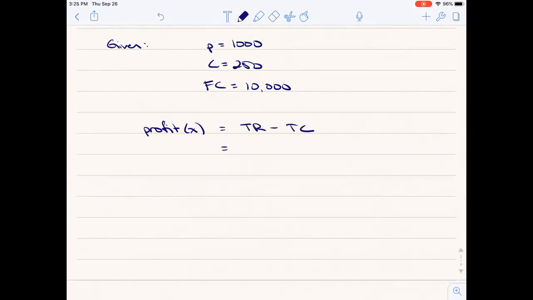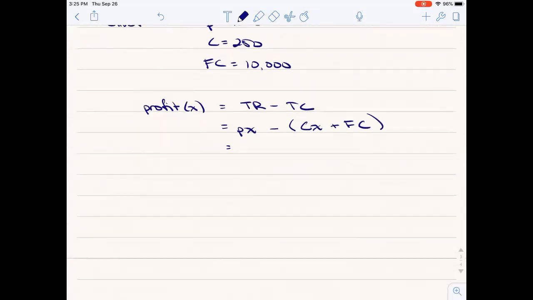And the total revenue I can swap out with PX minus, and then the total cost is the VC plus FC, which I'm actually going to swap out for CX plus the fixed cost. All right, skipping straight to that level. And then I'm going to break out the brackets, minus CX minus the fixed cost.